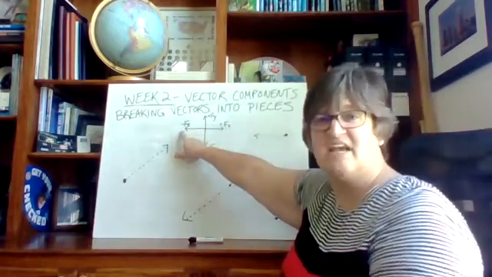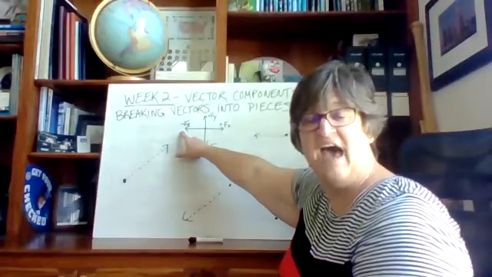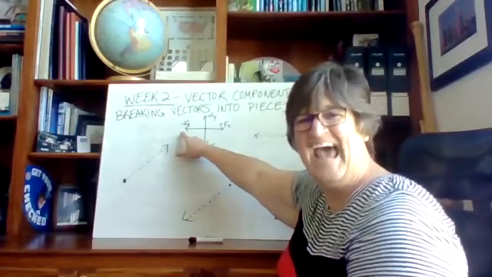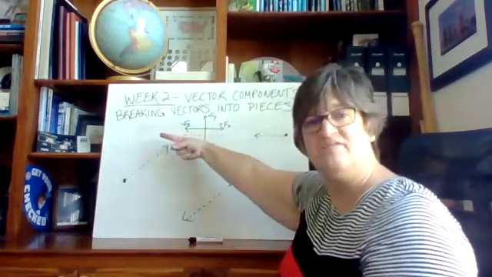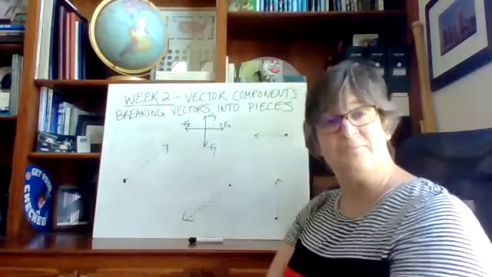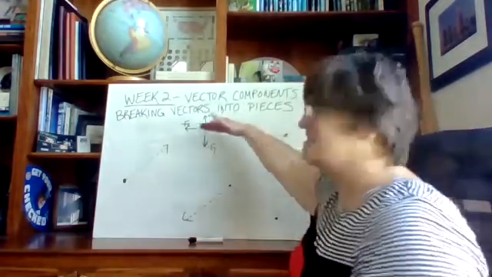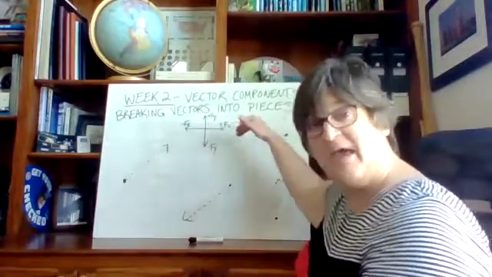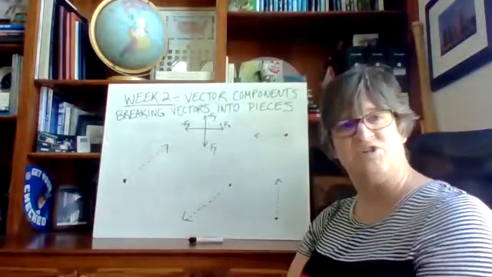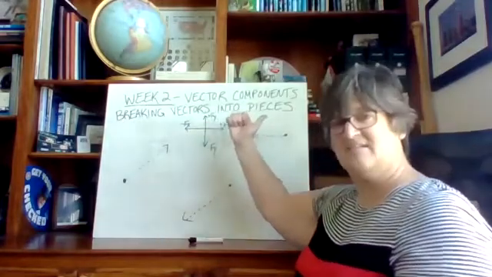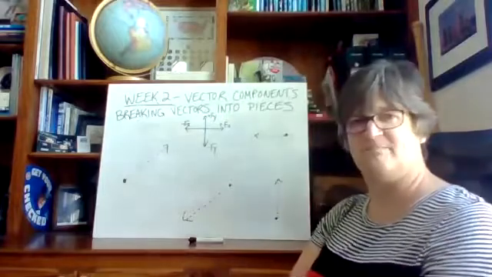On the left-hand side of the axis here, I have a negative Fx listed. The reason that it's negative, of course, is because it's going to the left, and that's where the negatives go. So the positive and negative only tells you direction. The fact that it's horizontal is what makes it an x. And they're both forces in the x direction: one in the positive Fx direction, one in the negative Fx direction.